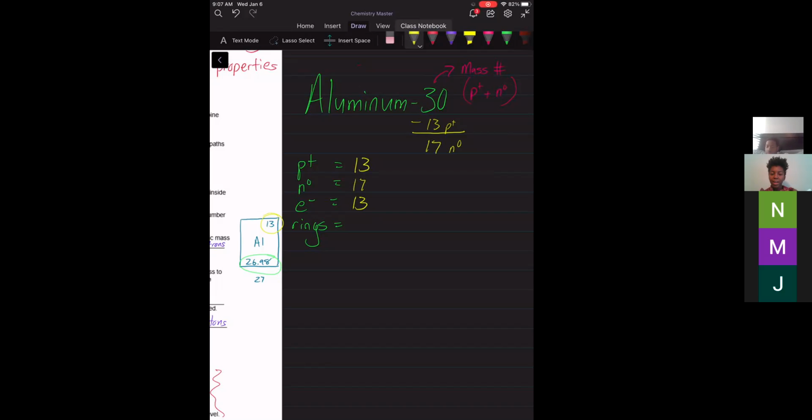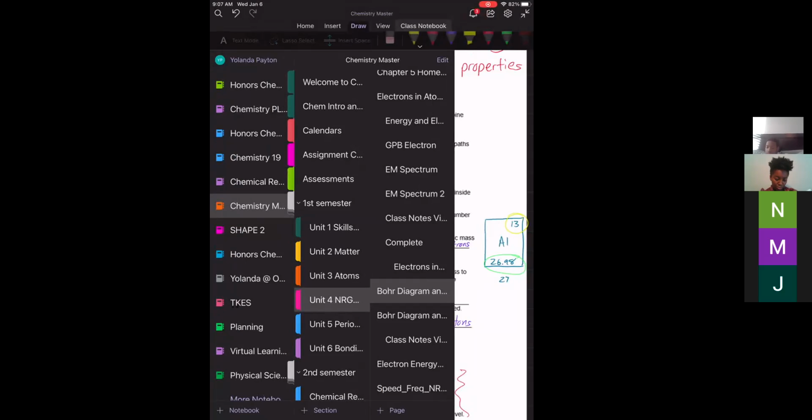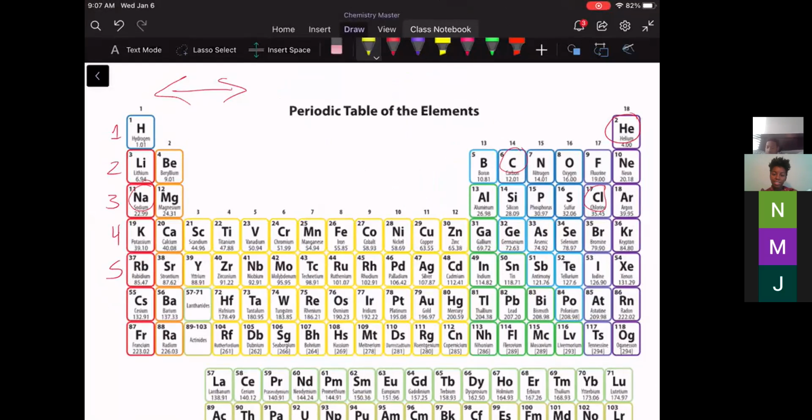All right, so now I just need to know how many rings I have, okay? So I'm going to go to my periodic table, and I can see that aluminum is on the third row. It's on the third row, okay?